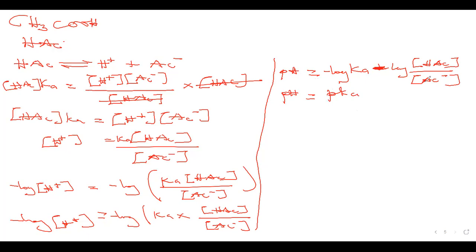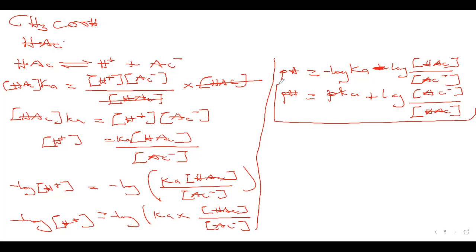So I can translate this by turning this into plus, and once I turn this into plus, I have to reverse this side. So I have plus log of the acetate anion, which now comes to the top, and acetic acid is now at the bottom. So this is what I have for the Henderson-Hasselbalch equation. It is not bad if you write it this way.